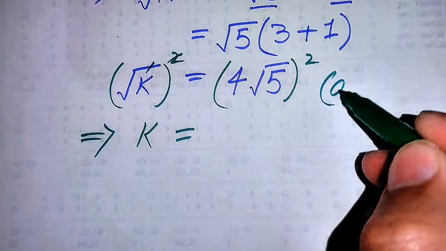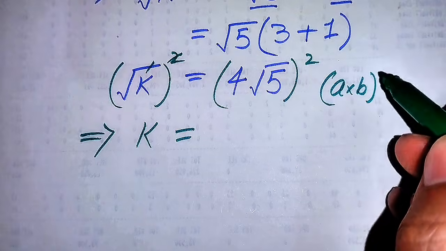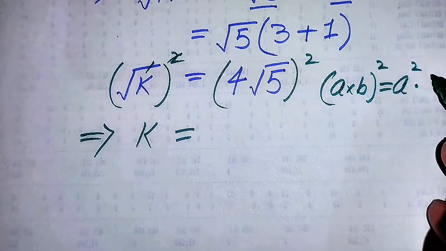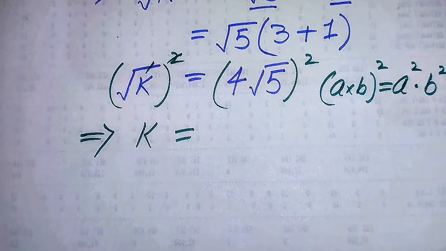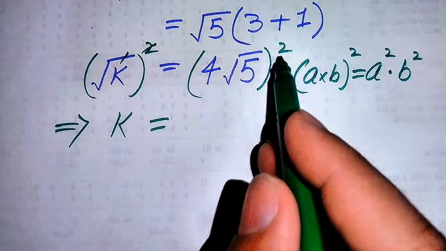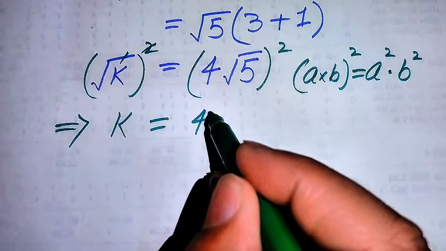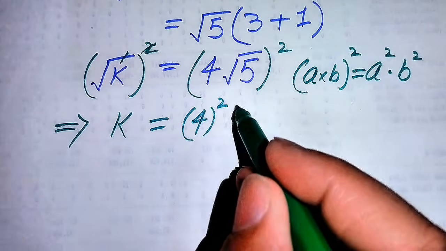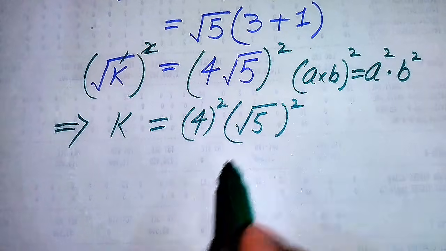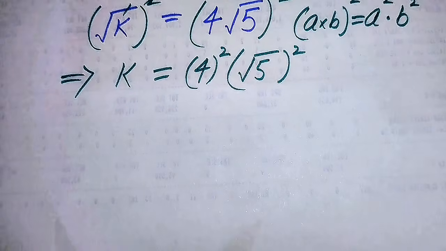You know about that. If you have a multiplied by b and its whole square, it is equal to a square multiplied by b square. According to this rule, we apply the square separately on both of these two values, and it will be written as 4 square multiplied by square root of 5 whole square.